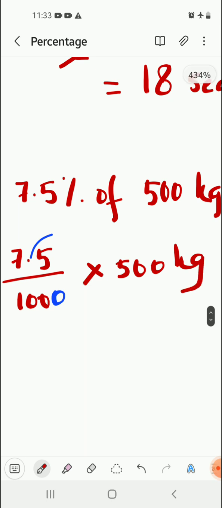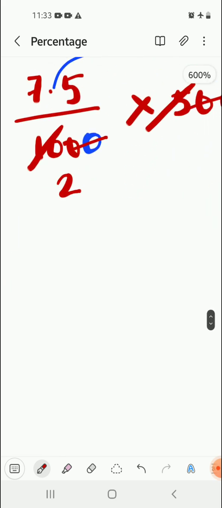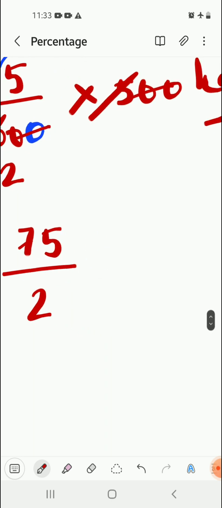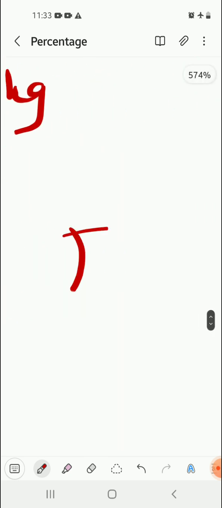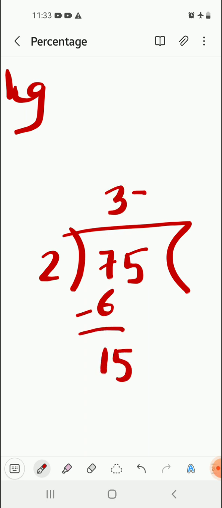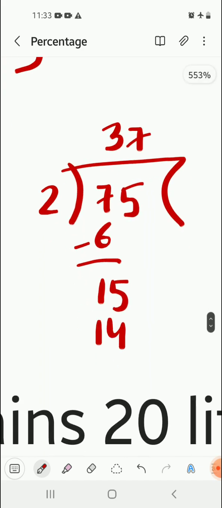The answer will be expressed in kgs. So cancel this out. 0, 0, 5 get cancelled. We get 2. The answer that we get is 75 by 2. Now 75 by 2 kg. Convert it. 75 by 2. 2 into 3, 6. 1 and 15. 2 into 7, 14.